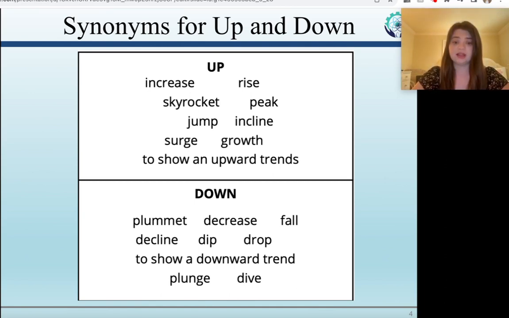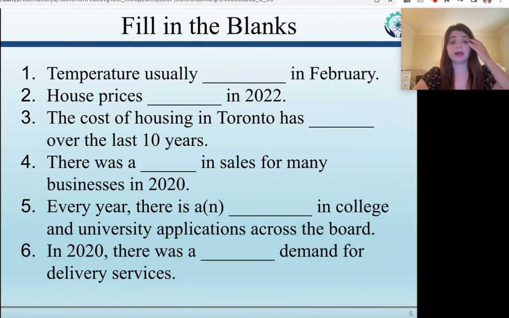So I think plunge or dive or plummet or some word like that would be appropriate here, right? The better way to say that would be the sales plummeted for many businesses in 2020. So perhaps plummet for grammatical reasons doesn't make the most sense here, but I think you guys get what I'm trying to say here, right?